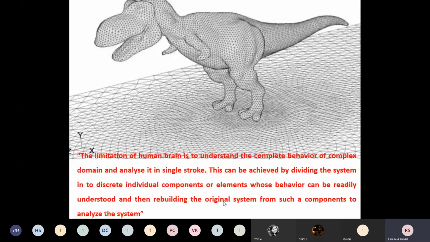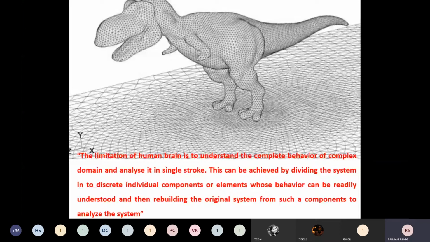So this behavior can be analyzed by dividing the system, that means dividing the domain, into discrete individual components or elements. If you have a problem analyzing the complete domain in a single stroke, then we divide that domain into a number of subdomains or elements whose behavior can be readily understood.